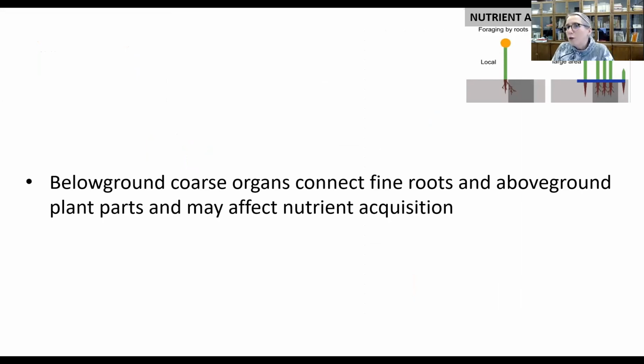Now an example with nutrient acquisition. We know that these organs do not participate directly in nutrient acquisition. They are not fine roots. They are not leaves that acquire carbon, but they connect these green above-ground parts with fine roots. And as they sometimes grow vertically, sometimes horizontally, they probably affect nutrient acquisition.